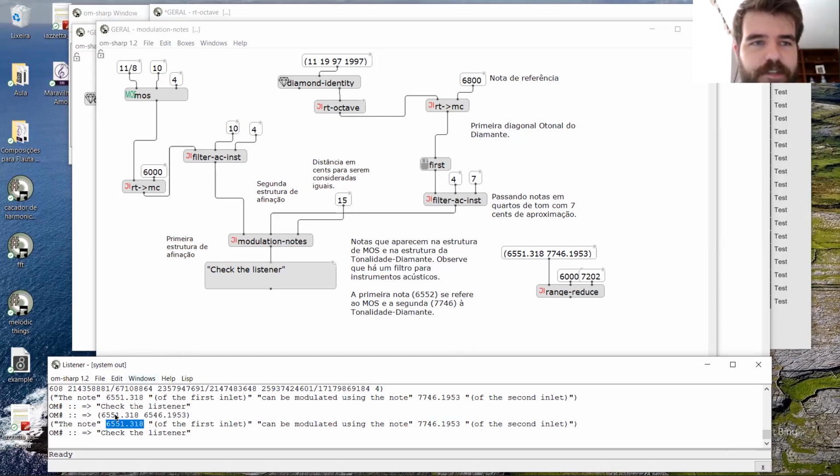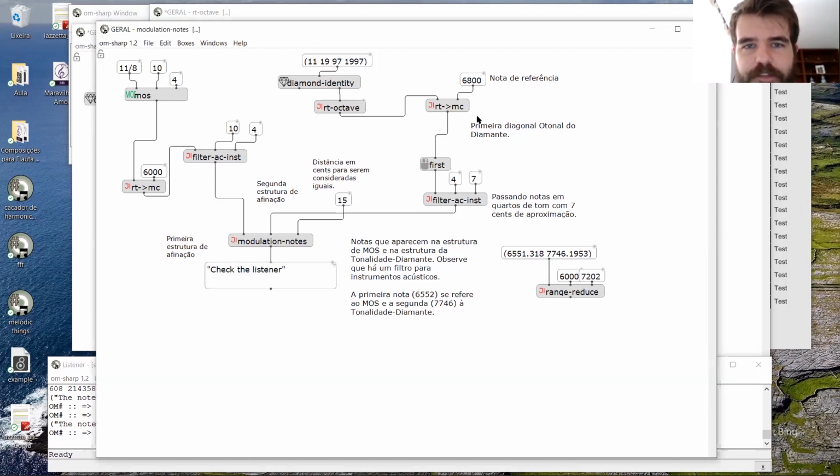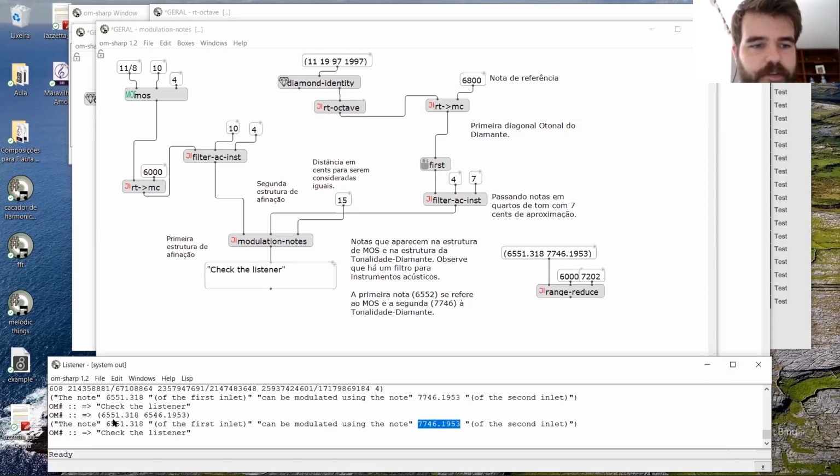This note is of the MOS tuning system, of the first inlet, the structure connected in the first inlet. And the second note is of the diamond of Partch structure. So you can see that this note can be used to modulate between two different tuning systems.